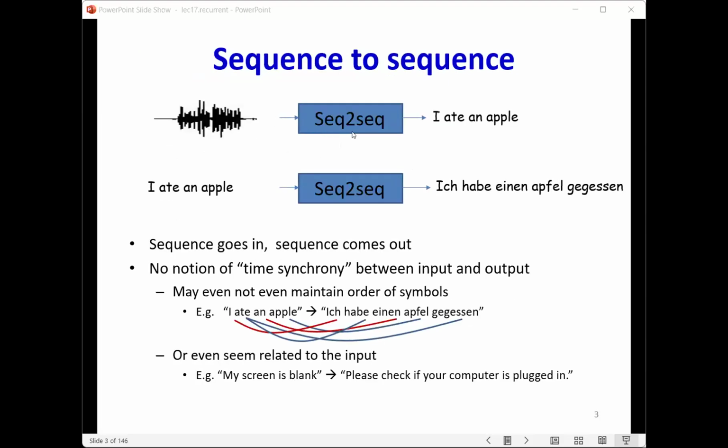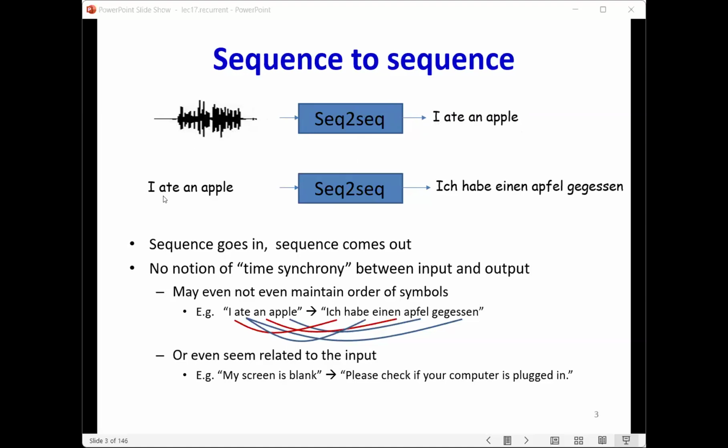So we saw two kinds of sequence-to-sequence problems. The first was speech recognition as an example, where there was an order correspondence between the input and the output. The portion of the input that corresponded to the first output symbol came before the portion of the input that corresponded to the second output symbol. So the order in which the outputs happened had a corresponding order to the inputs. In the more general case, you don't have this.